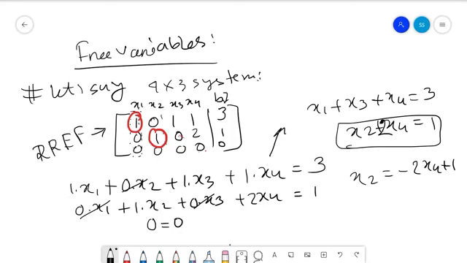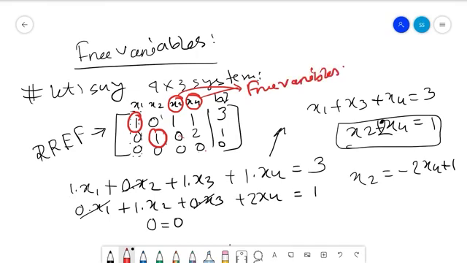So as you can see, there are 4 variables, but there are ultimately 2 equations. So there is not a unique solution over here. In fact, we have a lot of freedom, and the free variables in this case are x3 and x4. These are our free variables.